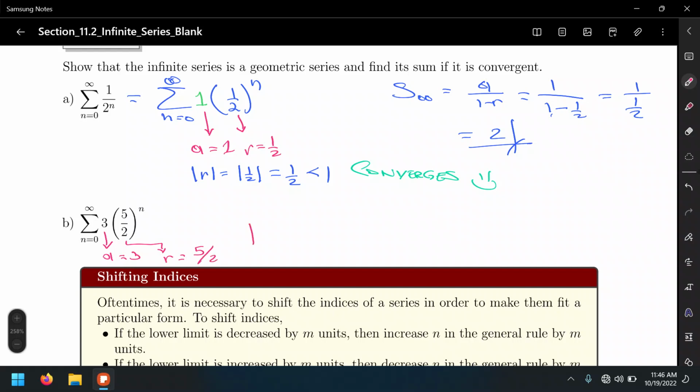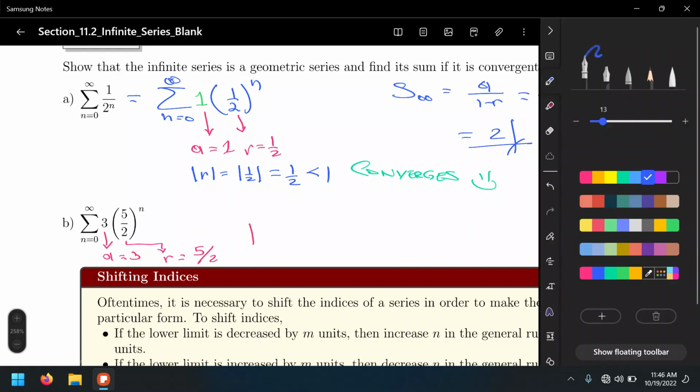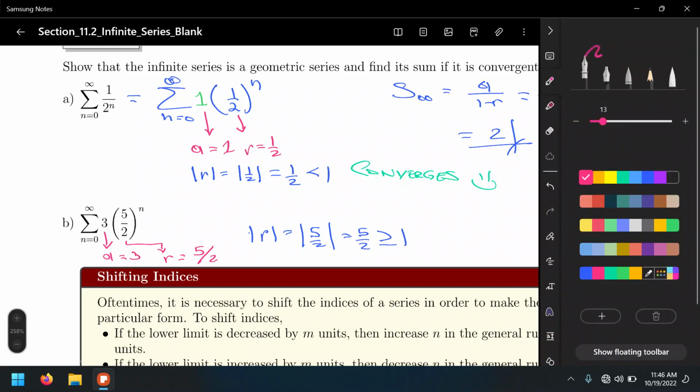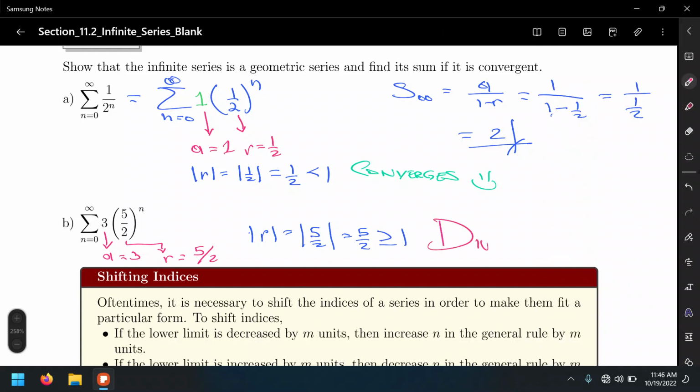Let's determine whether the series converges or diverges by taking the absolute value of r, which is the absolute value of 5 over 2, which is 5 over 2. Now, is 5 over 2 less than 1 or greater than or equal to 1? Greater than or equal to 1. For this reason, the series diverges.